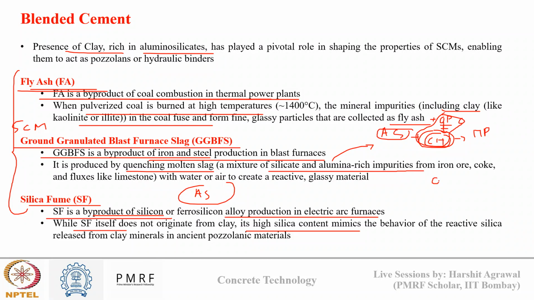So what we do is reduce a certain amount of OPC and replace it with these SCMs. The waste that OPC is producing, which is calcium hydroxide, SCMs utilize this calcium hydroxide to form hydration products, and this forms the basis of the use of SCMs in modern construction practices.